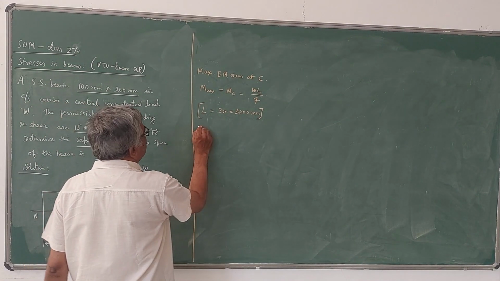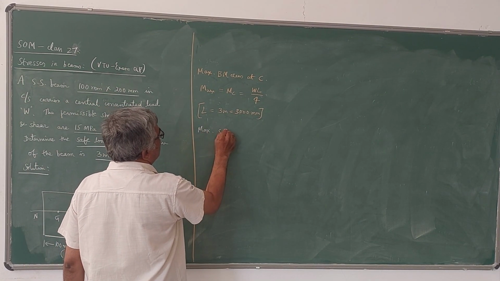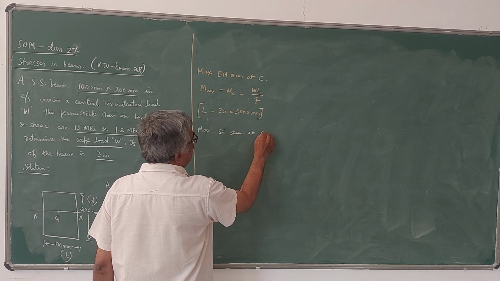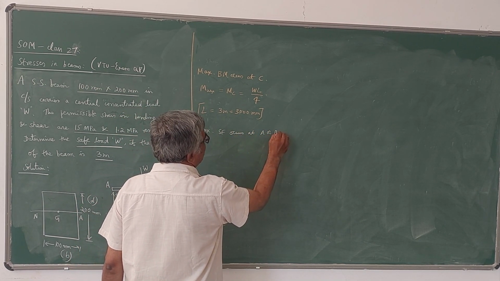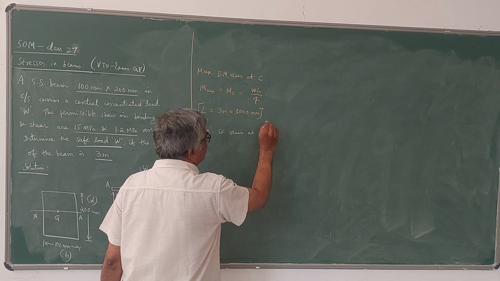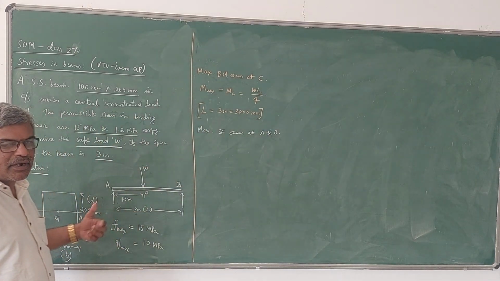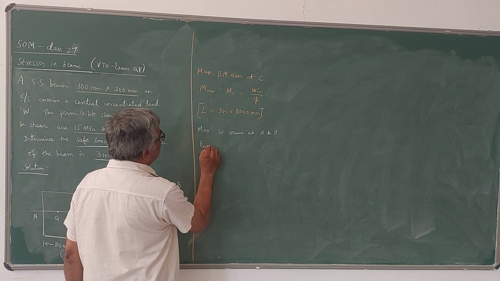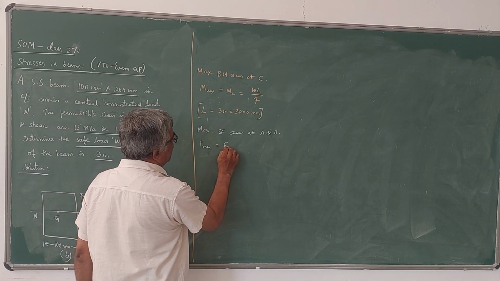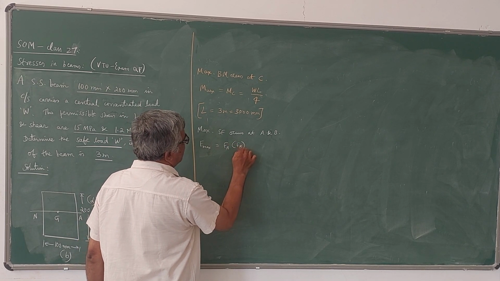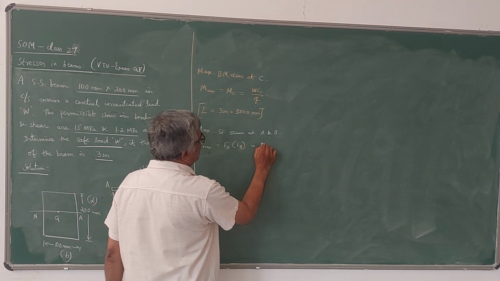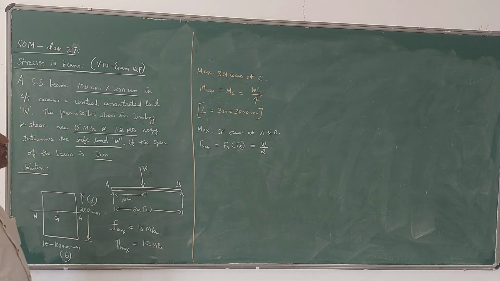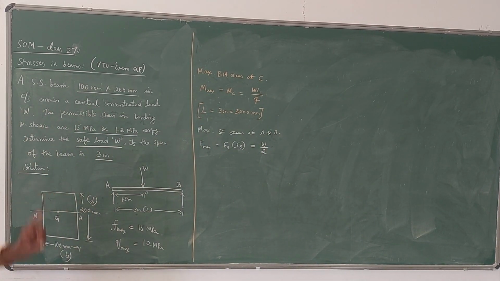Similarly, maximum shear force occurs at the supports, either A or B, both A and B, because it is symmetrically loaded. Its value, Fmax, will be FA or FB, which will be equal to W by 2. So this is the maximum shear force.